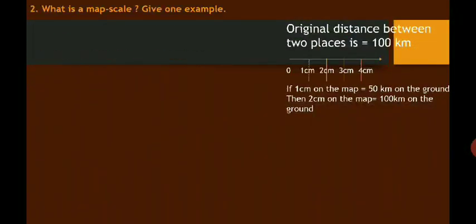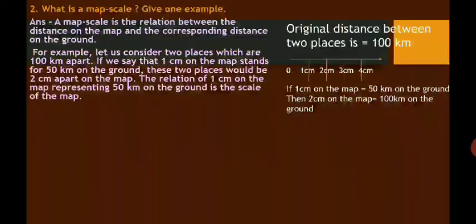So in your next question, what is a map scale? Give one example. Look, first you have seen an example and a solved example. A map scale is the relation between the distance on a map and the corresponding distance on the ground.